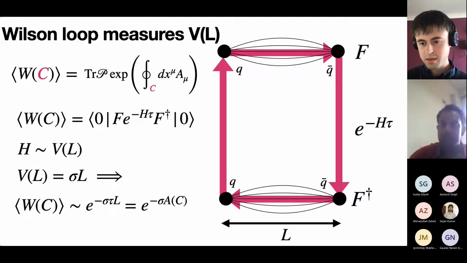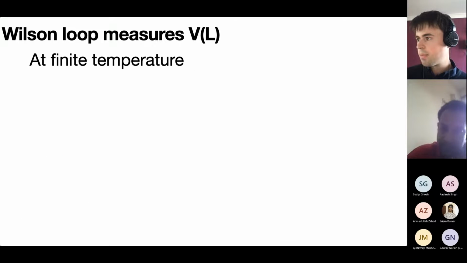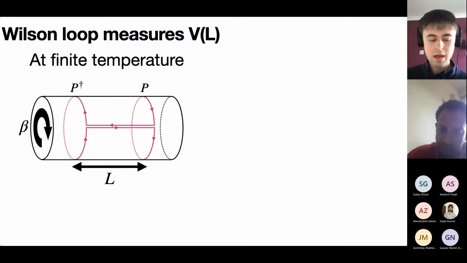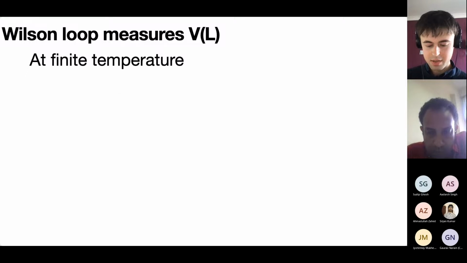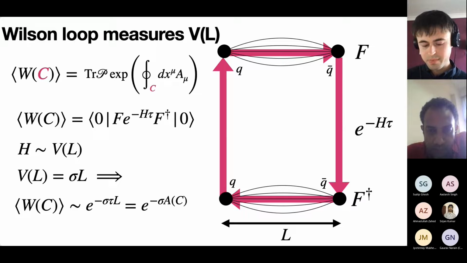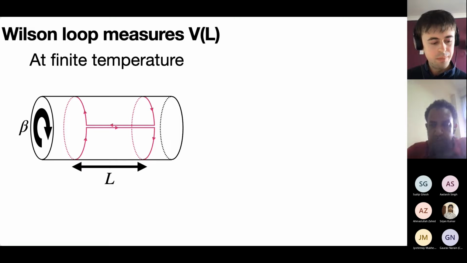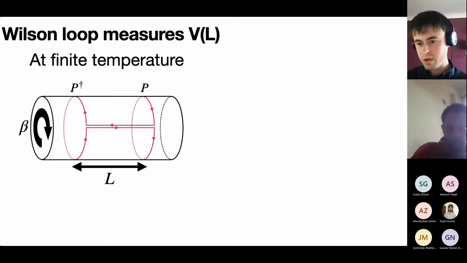That's right. So I see. So instead, what you do is you just bring it back to wherever you came from, and then you just go around once. Is that the idea? Yes. So you could think of these P daggers as being like the F daggers in this previous picture, in a sense. Yeah. But they're taken as far as you can, and it just becomes easier to think of them as Polyakov loops instead. Yeah.